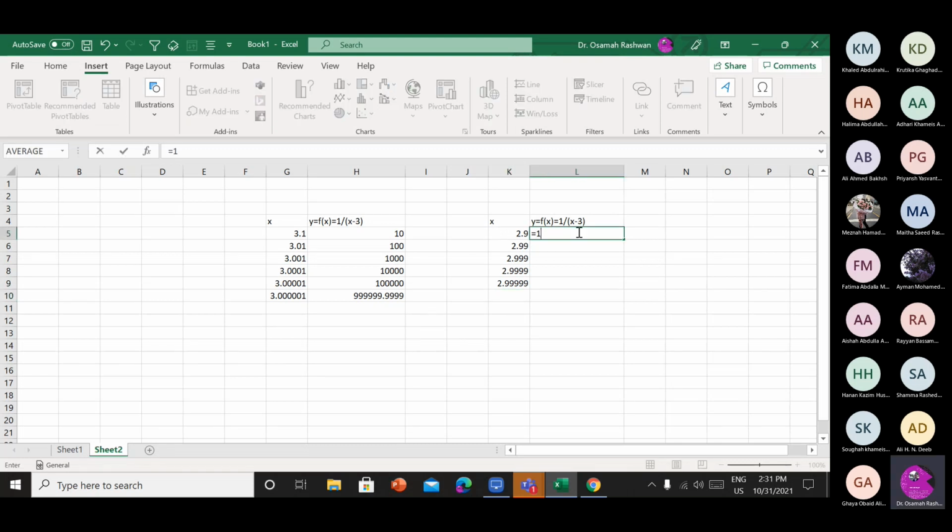What is the function? 1 over, I have to open bracket because I have this value, x minus 3. Close the bracket, press enter. I have this value, coming from the bottom corner, drag it. So yes, the values are decreasing because it's going to minus infinity, right?